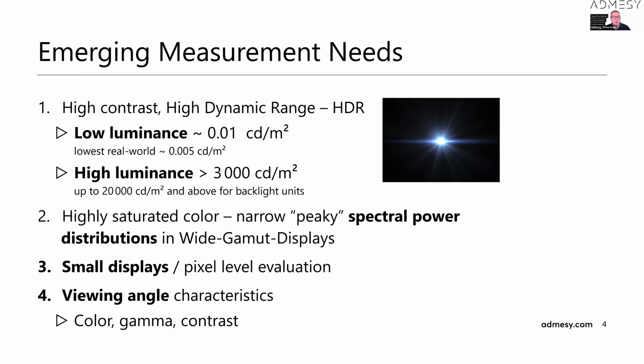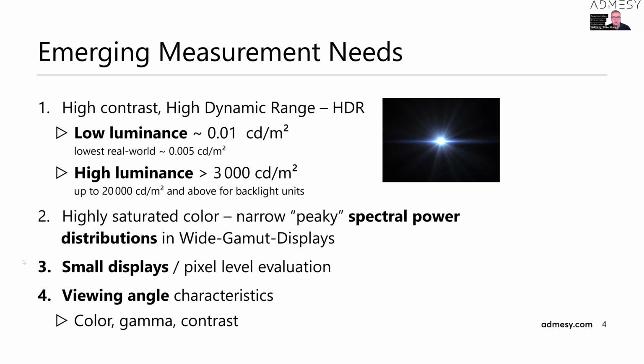Then the new displays have one advantage compared to our old CRT-based Rec 709 color gamut. They achieve a very wide color gamut, which is now, for example, defined in Rec 2020.